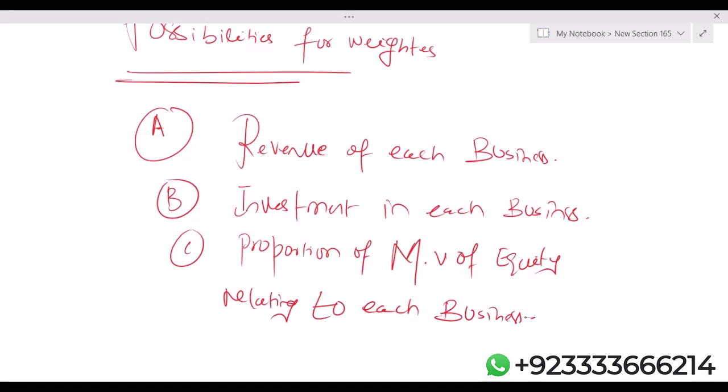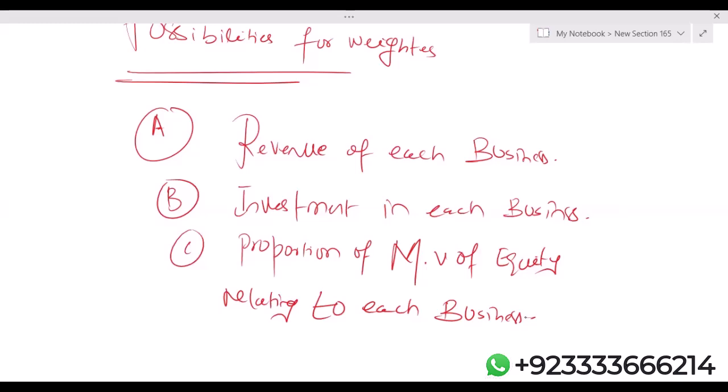That means 75% is in business two. But again, I'm just saying these are the possibilities. Examiner might give you the revenue of each business, investment in each business, proportion of market value equity, that is how much market value equity is in business one, how much is in business two. So obviously, if examiner gives me the information how much market value is in business one, then obviously the rest is in business two.